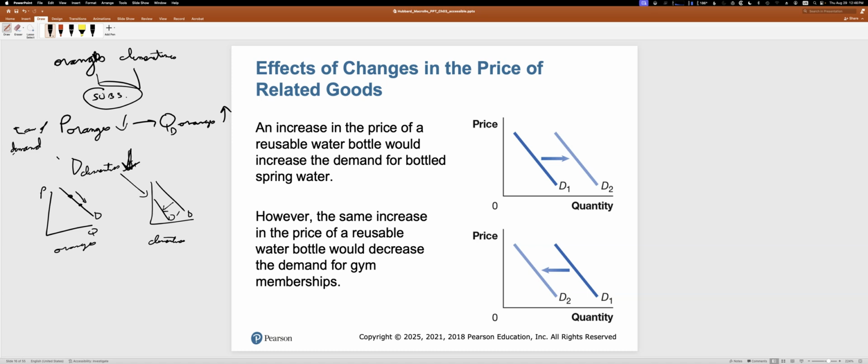Now let's look at it with complements. As for me, it'd be very difficult to eat pizza without drinking soda. The two go well together, so they are complements. So this would be pizza and soda.